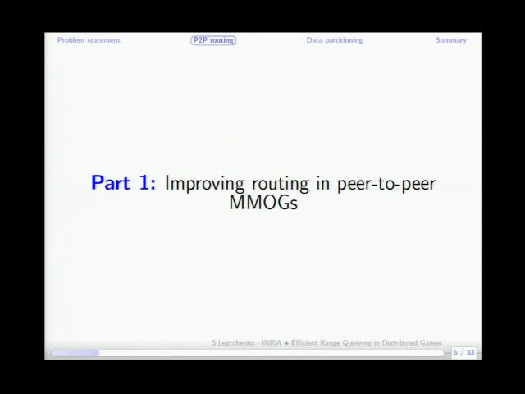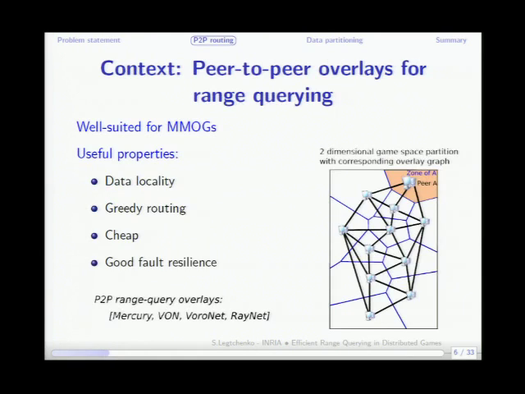So, first part on the peer-to-peer MMOGs. One of the ways to address scalability in MMOGs is to use peer-to-peer range query overlays. Such range query overlays range partition the game space.